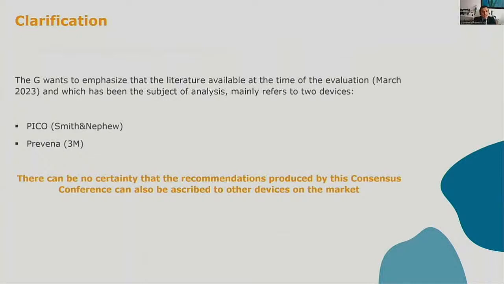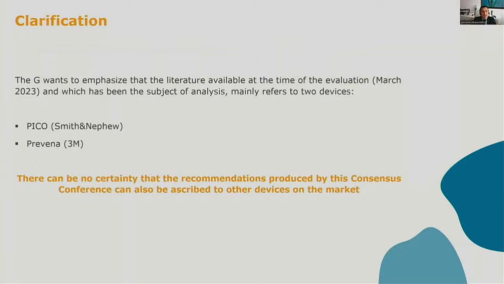Just to have a clarification, the jury panel wants to emphasize that the literature available at the time of evaluation was March 2023 and mainly refers to 2 devices. The first one is PICO by Smith and Nephew. The second one is Prevena by 3M.